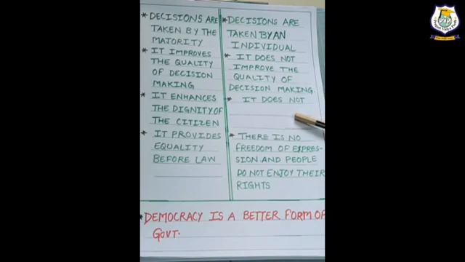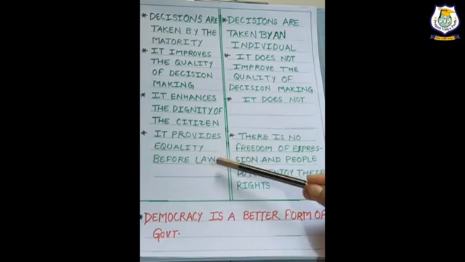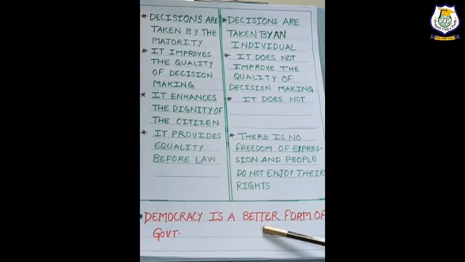Democratic government provides equality before law. In non-democratic government, there is no freedom of expression and people do not enjoy their rights. By this comparison of democratic government and non-democratic government, we reach the conclusion that democratic government is a better form of government in the whole world.